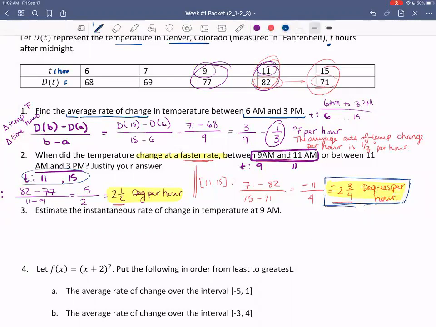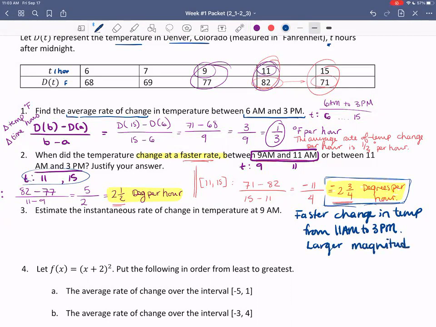And I'll write that so it's complete in your notes. Faster change in temp, faster average rate change in temp from 11 a.m. to 3 p.m. Larger magnitude or absolute value of average rate of change.